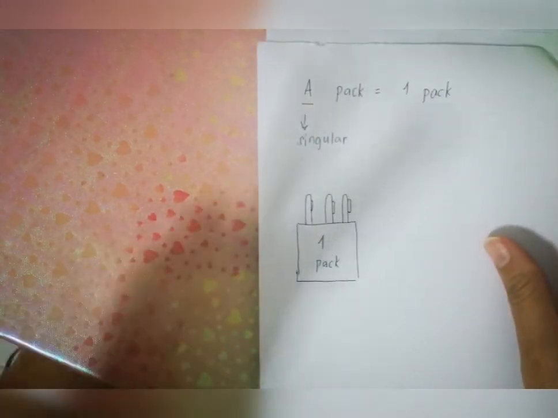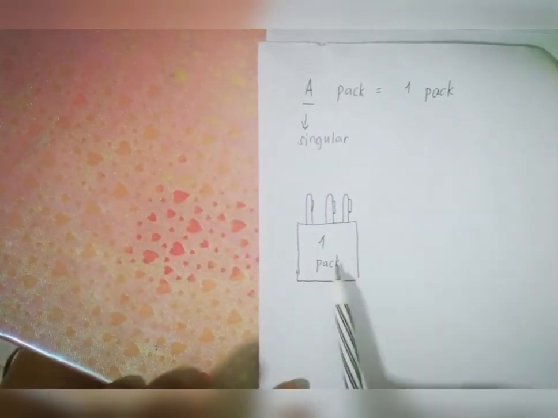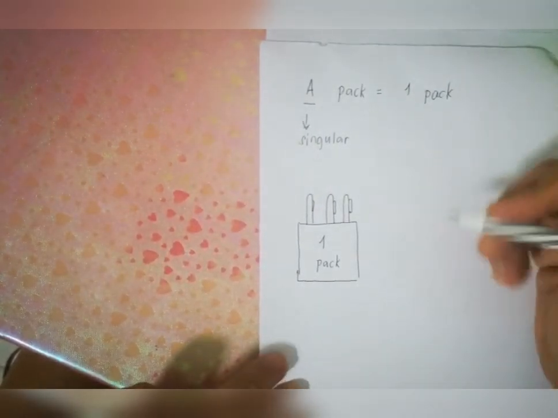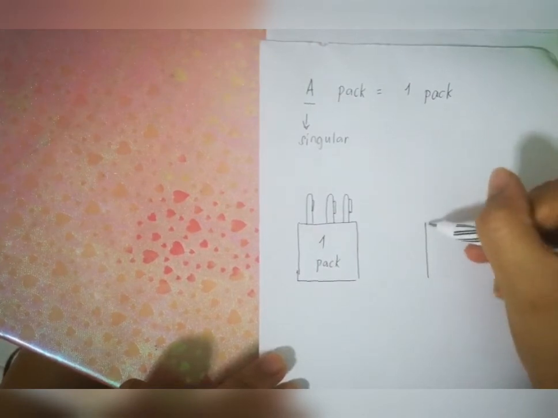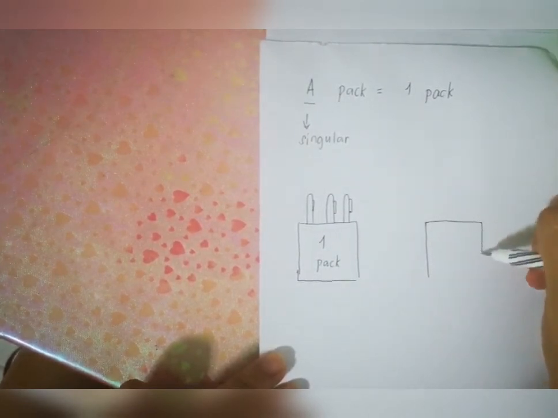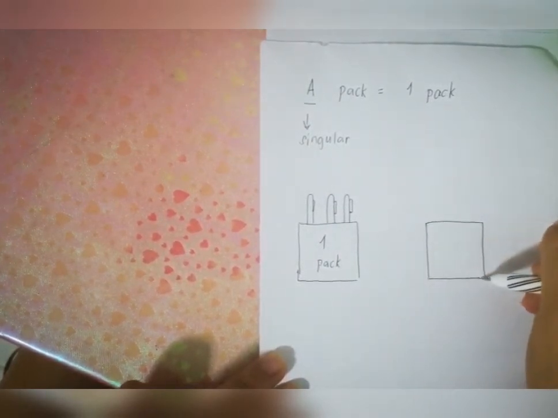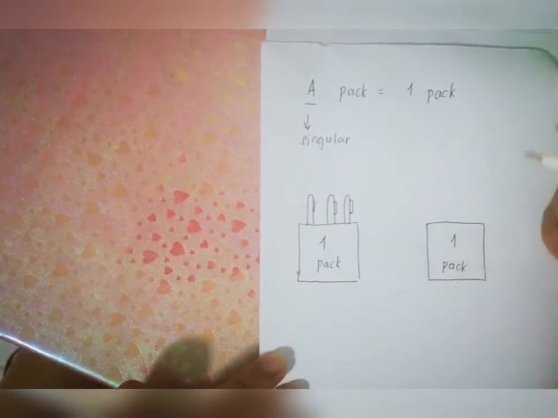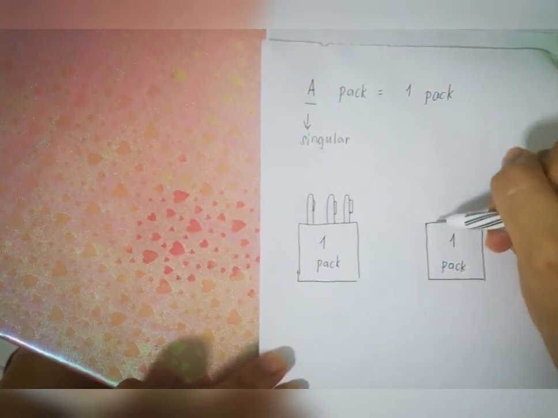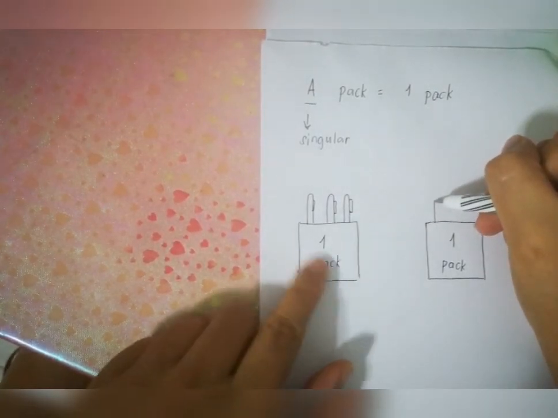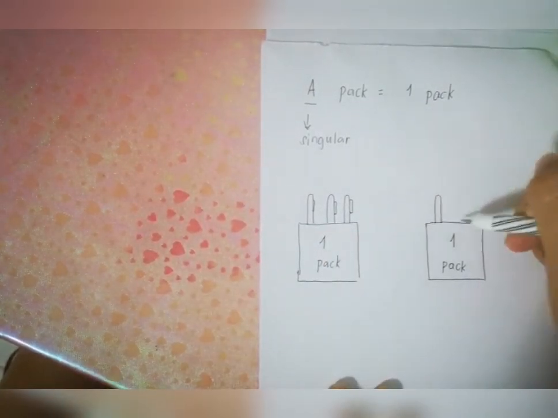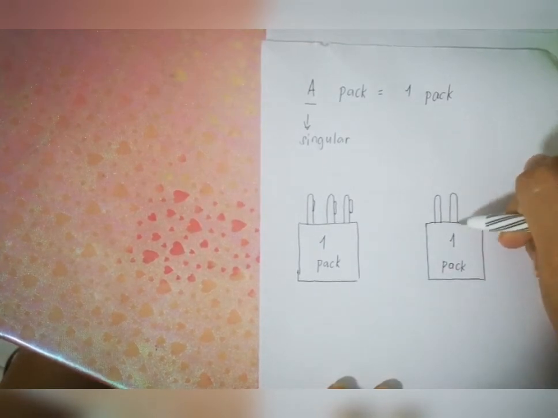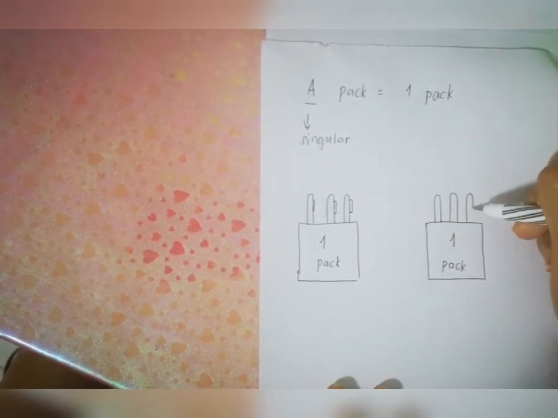Here we only have 1 pack. If we add another 1 pack, let's draw. Again, in 1 pack, there are 3 pens, so let's draw another 3 pens here also.